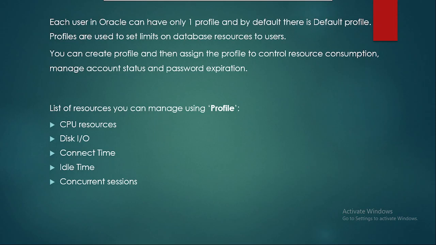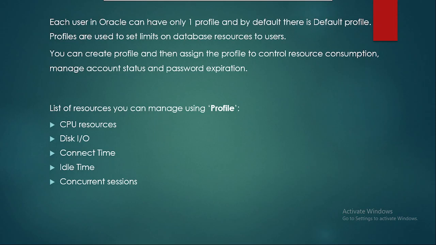Okay, so there is a list of resources you can manage using profiles, like CPU resources: how many CPU cycles this user can use. Disk IO: how many disk input output read operations are allowed to a user. Connect time: for how long a user can connect to a database.